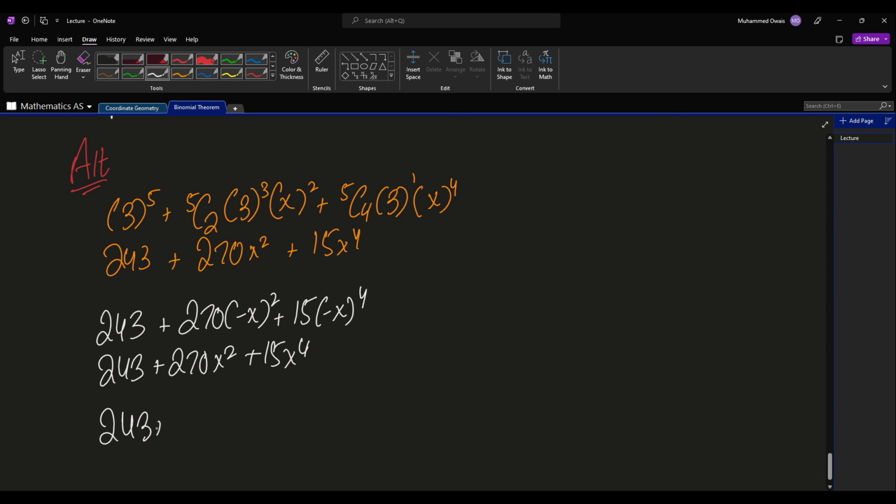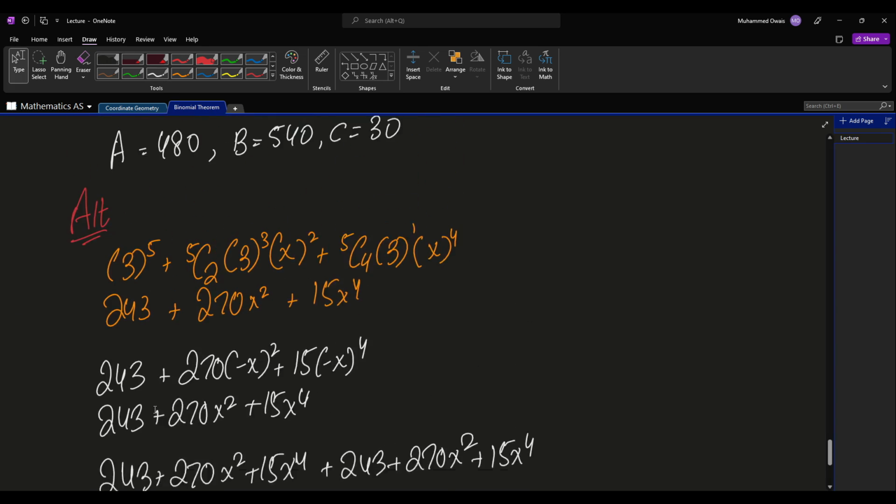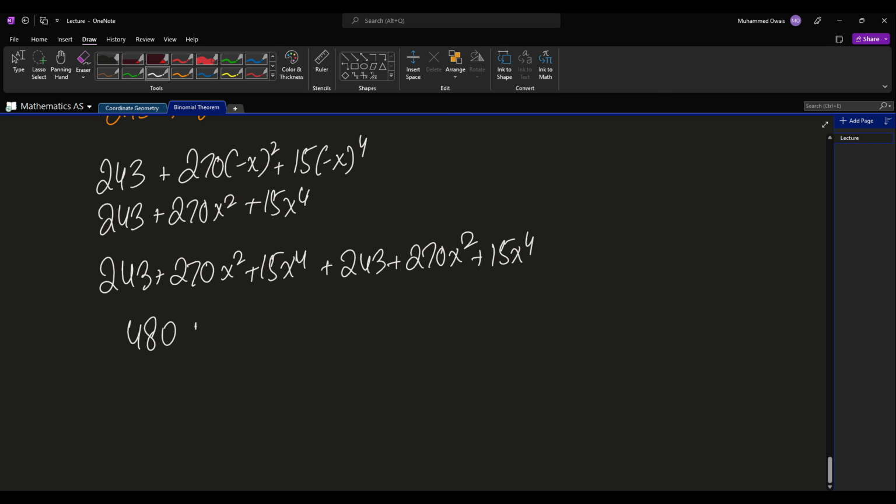So 243 plus 270 x square plus 15 x4 plus 243 plus 270 x square plus 15 x4. And now I can just add these. So this gives me 480 and then 540 x square and lastly 30 x4.